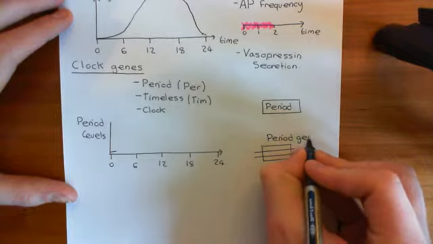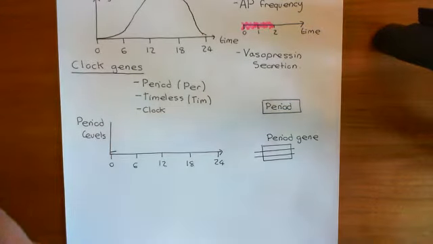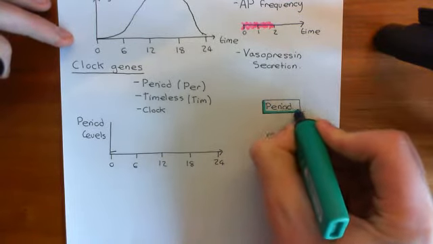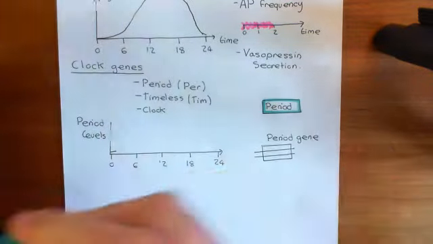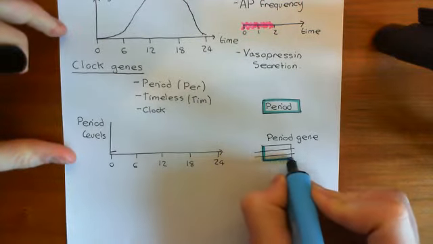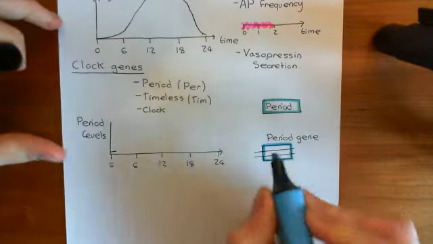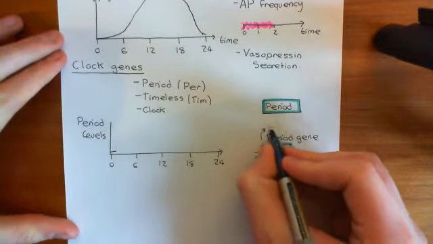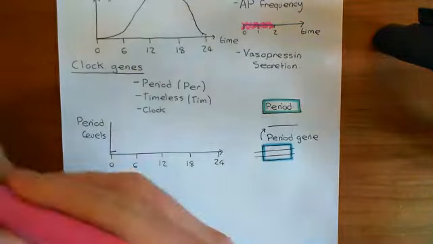Let's colour in the period protein in turquoise. Here is the period protein in turquoise, and then we'll have the period gene in blue here. Of course the period gene can be transcribed into a piece of mRNA. Here is the period mRNA here.